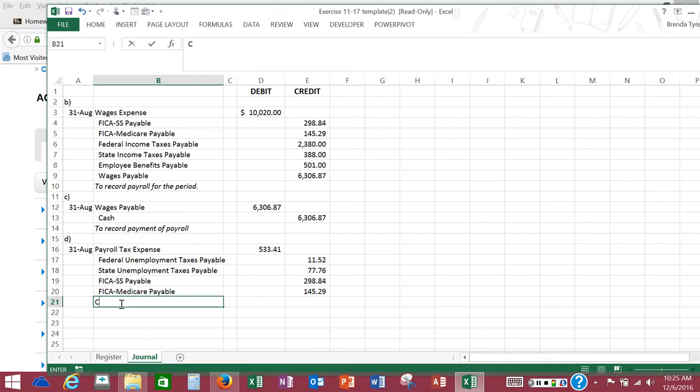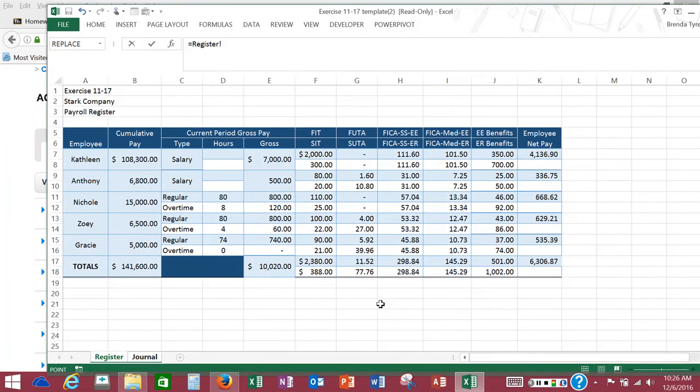And now we'll go back and we're going to pick up the rest of it. We're going to debit employee benefits expense. It's not a payroll tax, it's a benefit, so it is treated differently. And then we'll go in and get the employer's responsibility for that. That's the one that is the expense of the employer. It's the one the employer is responsible for. The rest of it was withheld from the employee's paycheck.